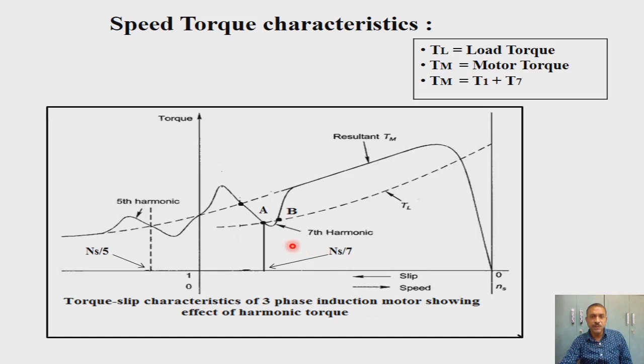The crawling effect is predominantly governed by the seventh harmonic torque, which reaches its maximum value at 1/7 of synchronous speed and then drops in the negative direction. That produces the dip in the resultant motor torque and causes the motor to run slowly, at 1/7 of its synchronous speed.